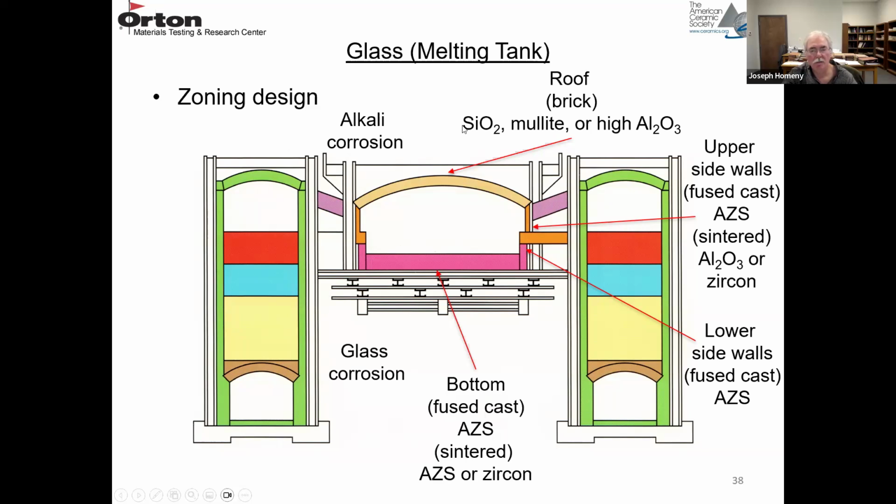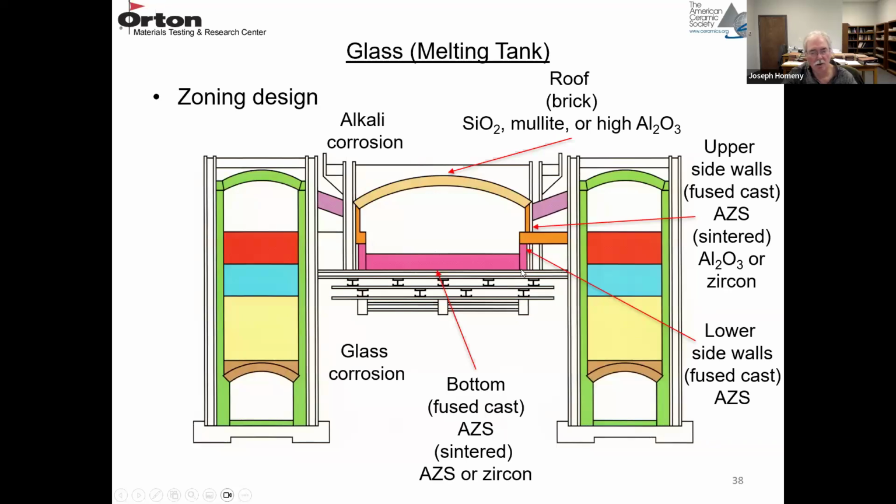So the roof is a brick. It's usually a silica brick. It can also be a mullite or a high alumina brick. The bottom is a fused cast AZS. It could also be a sintered AZS or perhaps even zircon. And then the upper sidewall is fused cast AZS, or it could also be sintered alumina or zircon.